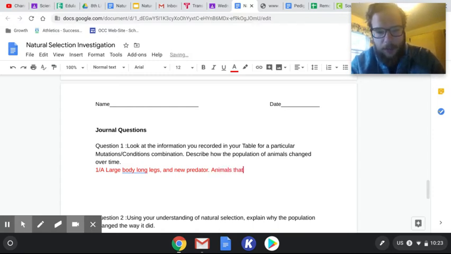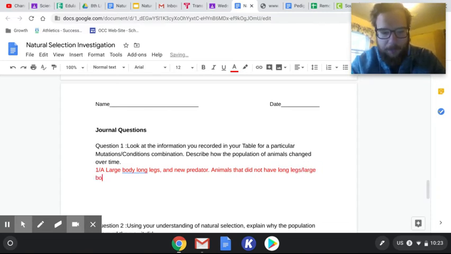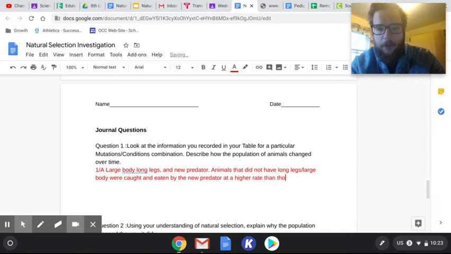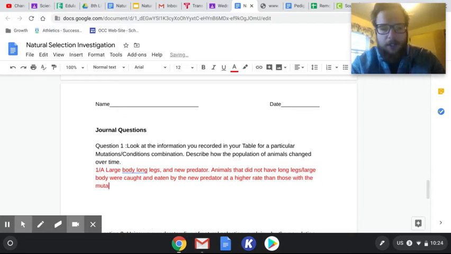Animals that did not have long legs / large body were caught and eaten by the new predator at a higher rate than those with the mutation. So we'll say, therefore, the mutant population increased and the normal population decreased.